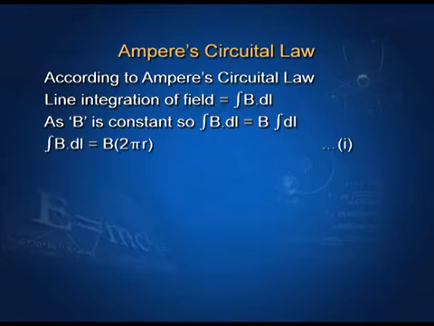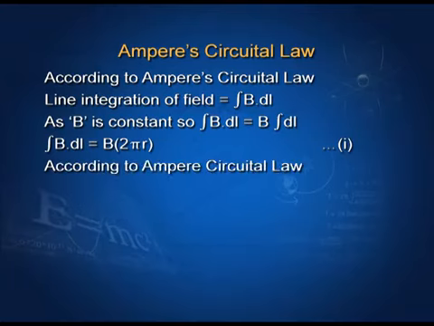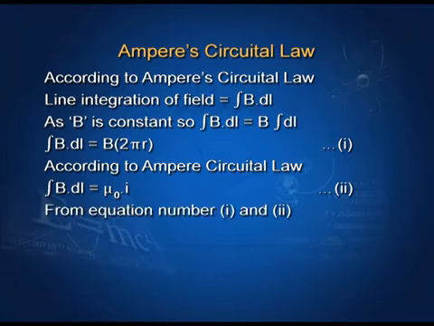So integration B dot dl equals B into 2 pi r. Say this is equation number 1. According to Ampere's circuital law, line integration of B dot dl equals mu naught times I. This is equation number 2. From equations 1 and 2, we get B equals mu naught upon 4 pi, 2I upon r.